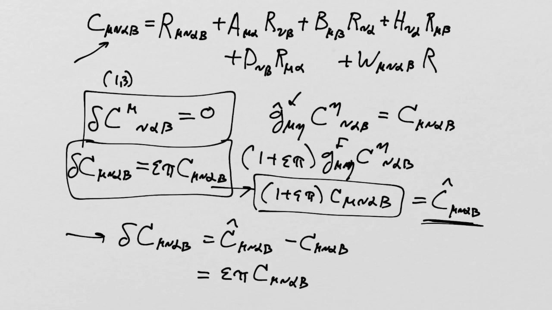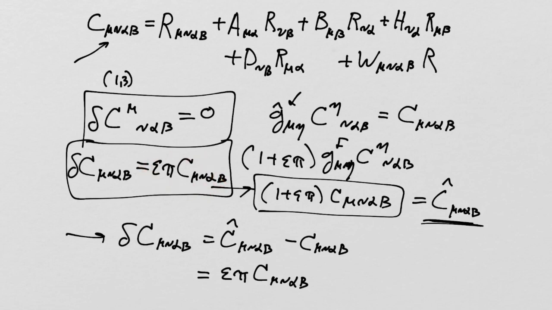Right? So these two are equivalent statements, right? Just because the variation of the 1,3 form of the tensor is 0, which is what we're asking for, the variation of the 0,4 form of the tensor is not 0. It just pops out with a factor of epsilon pi in front. So we now have to calculate the variation of this guy, and it needs to end up equaling epsilon pi times itself, right?